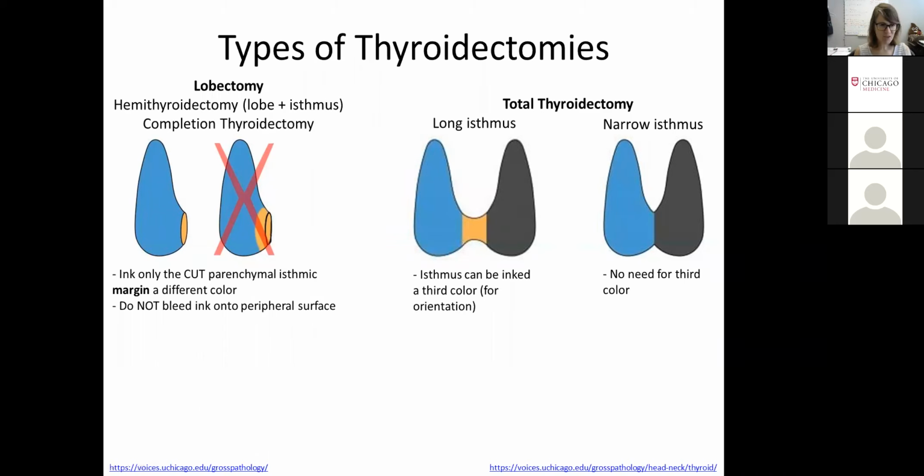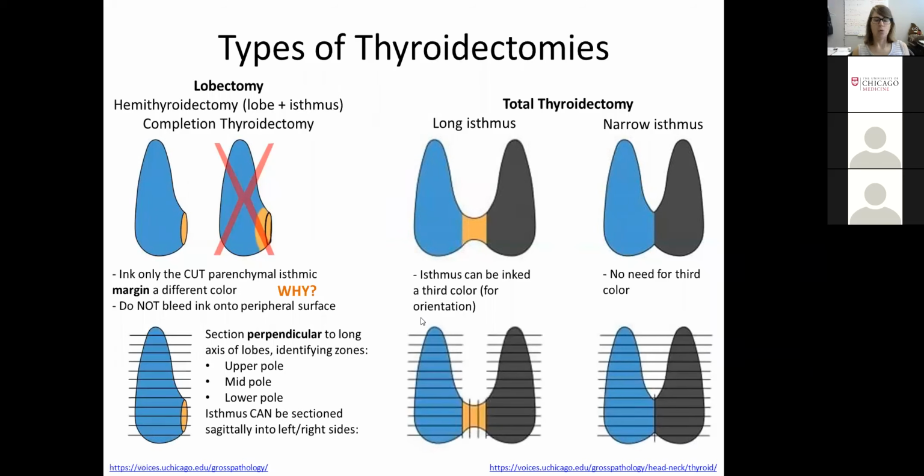All right. In a total thyroidectomy, we'd ink the left, our sinister hand, black, and the right blue. If the isthmus is visible, we ink it a third color, orange, just so we have anatomic separation of the lobes and the isthmus, and it reflects on the slides, all right? If the isthmus is narrow, I would say don't bother inking it a third color. Okay, section perpendicular to the long axis.